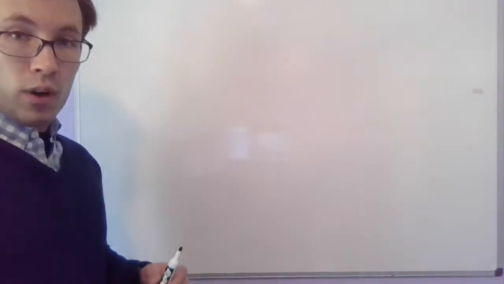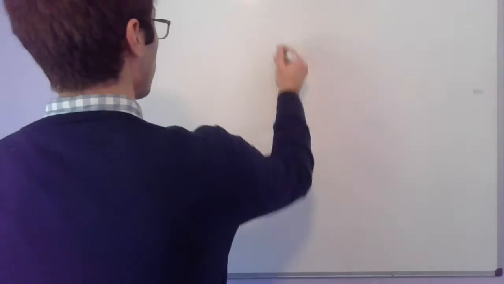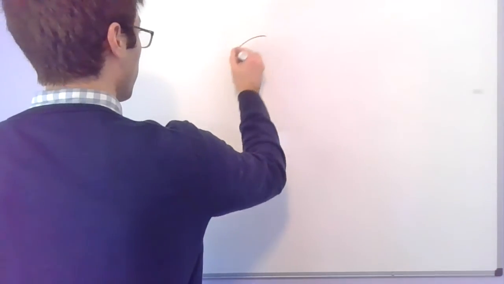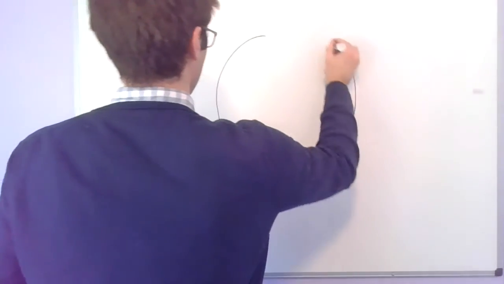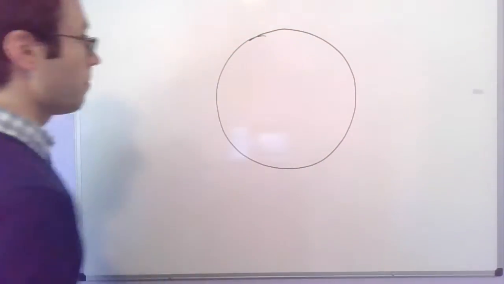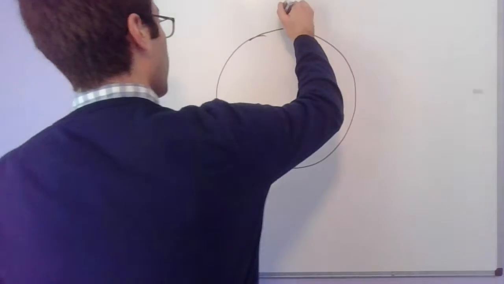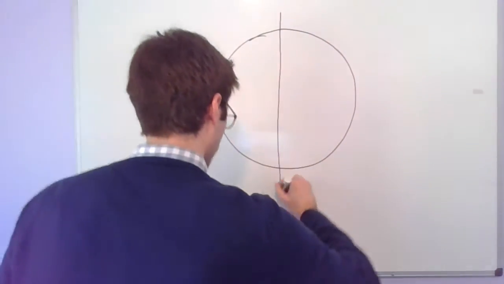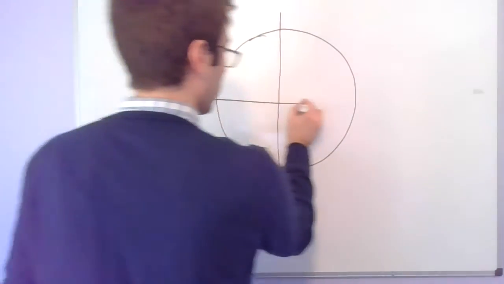Now, when we construct the thing, we're going to go one step at a time. So here's our unit circle. It's centered at 0, 0.